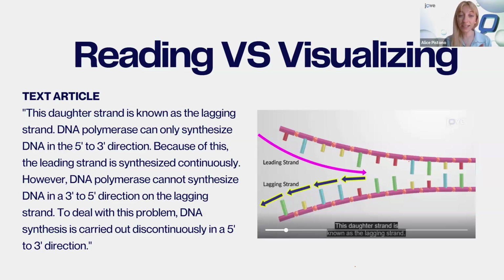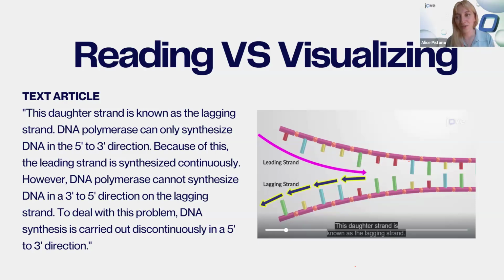So DNA polymerase can only synthesize DNA in the 5' to 3' direction. Because of this, the leading strand is synthesized continuously. However, DNA polymerase cannot synthesize DNA in a 3' to 5' direction on the lagging strand. To deal with this problem, DNA synthesis is carried out discontinuously in a 5' to 3' direction.